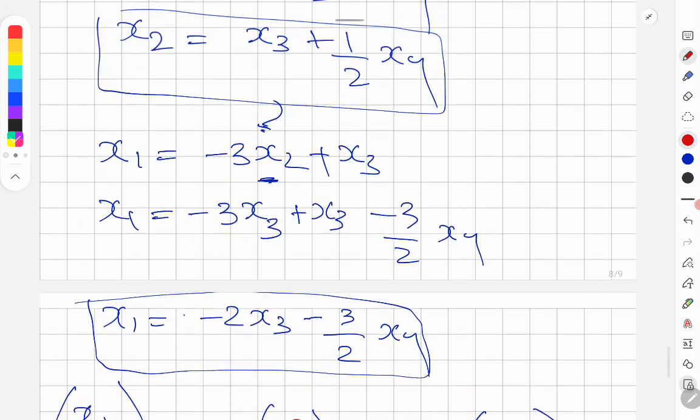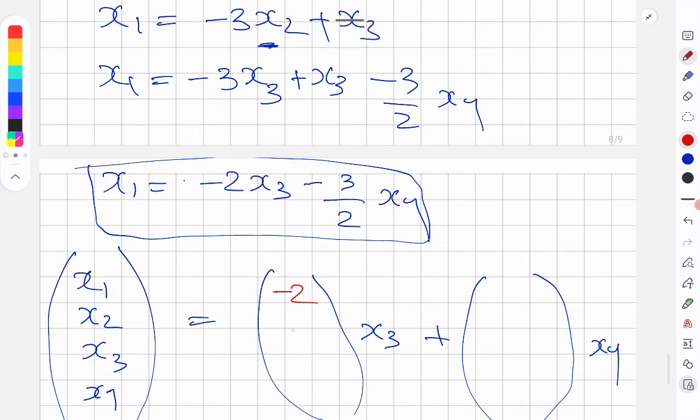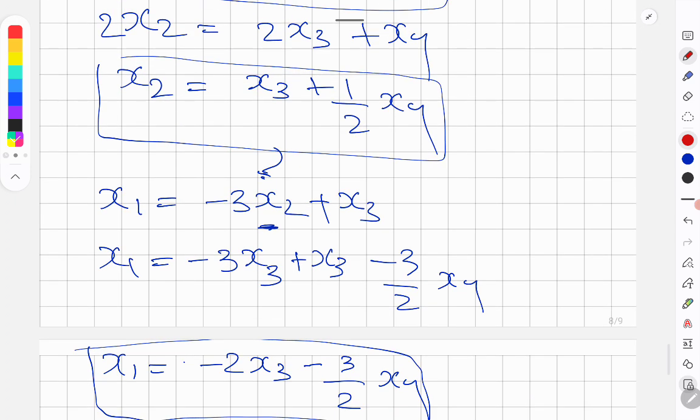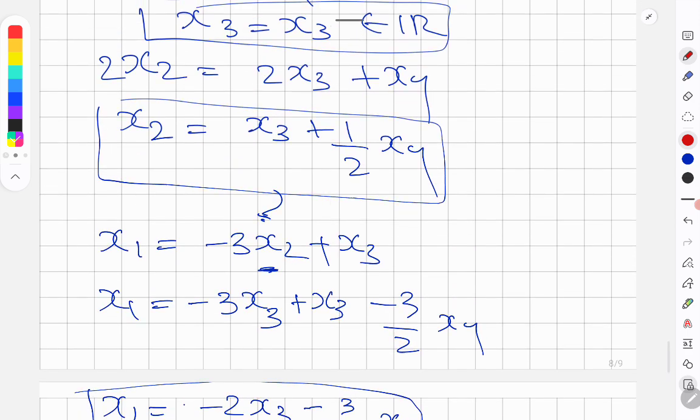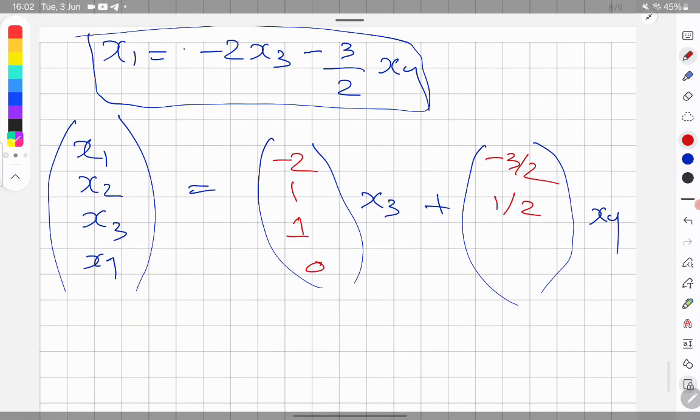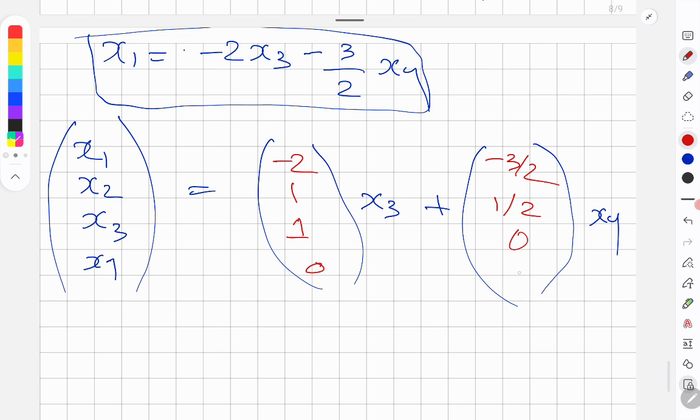Then for x2 you have here 1 times x3, and this is 0. And this one will be minus 3 by 2 x4, and here 1 by 2 x4, and this is 0, 0, 1. Any doubt here?